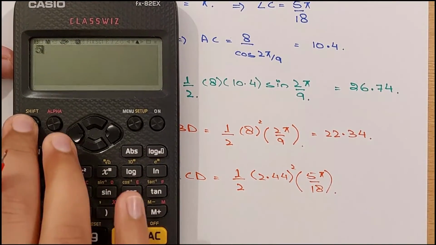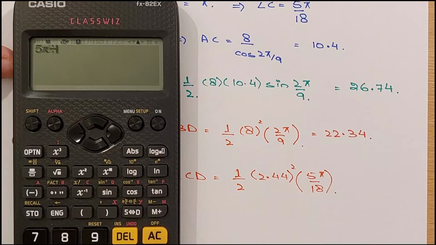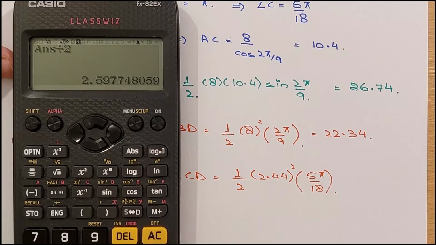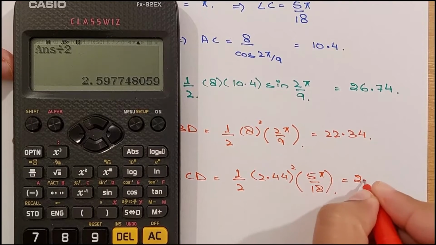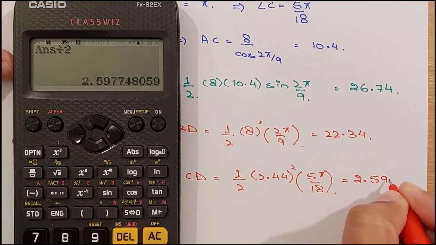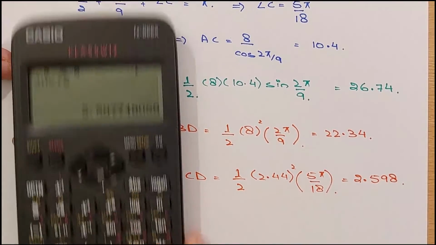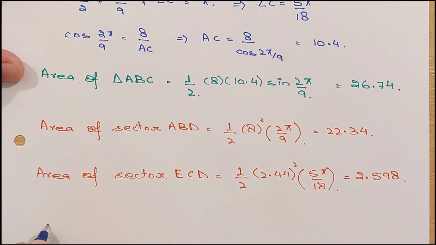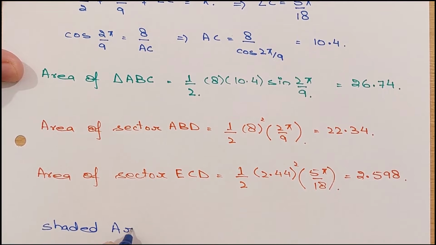So we have 5 pi by 18 times 2.44 times 2.44 divided by 2. This is 2.598.